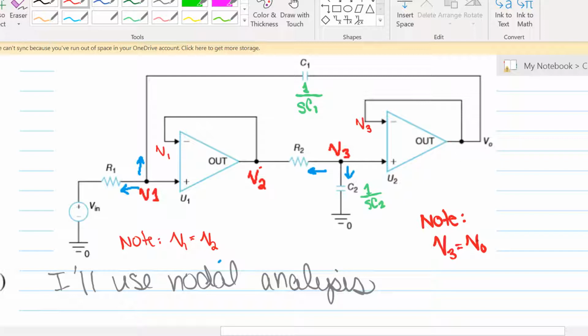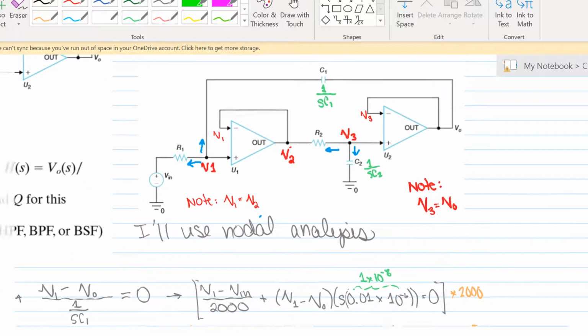That reduces your number of variables. If V1 is equal to V2 and V3 is equal to V0, we really just have 2 unknown voltages aside from the Vin.